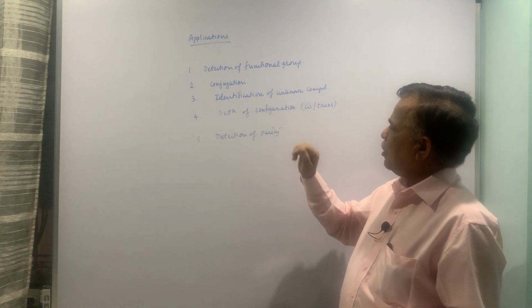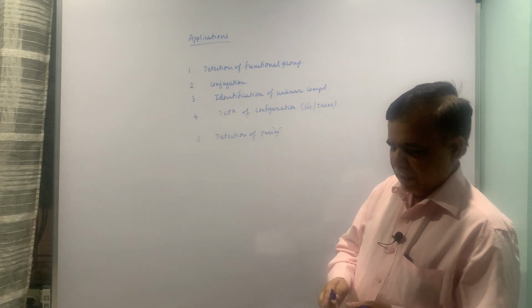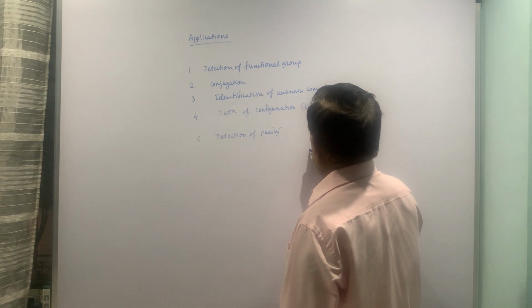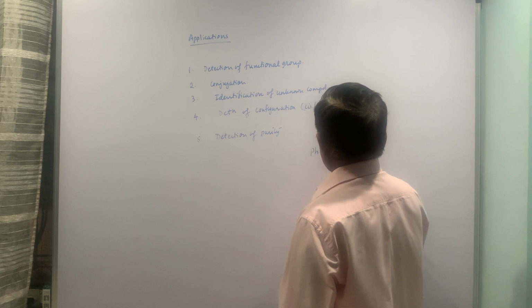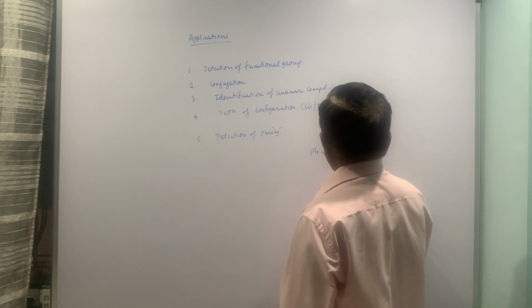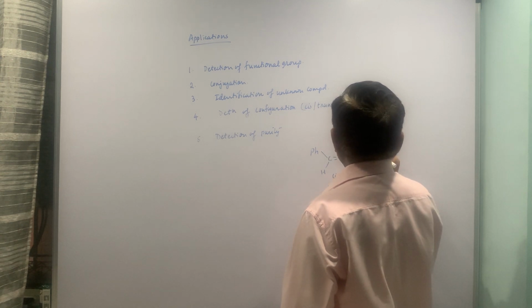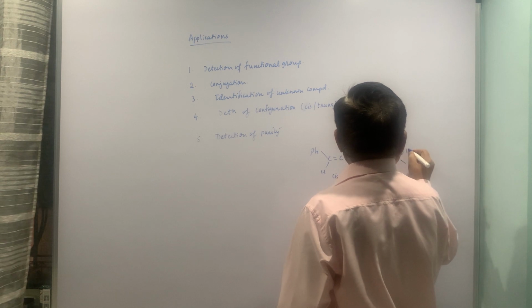Then determination of configuration. Now cis trans isomerism you must have studied in lower classes. I will just put a few examples here regarding that. This is cis stilbene and the other compound I am putting as trans stilbene.